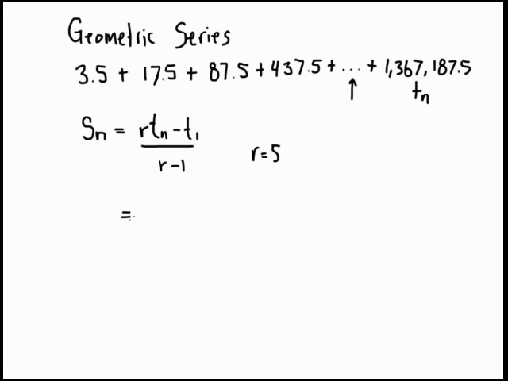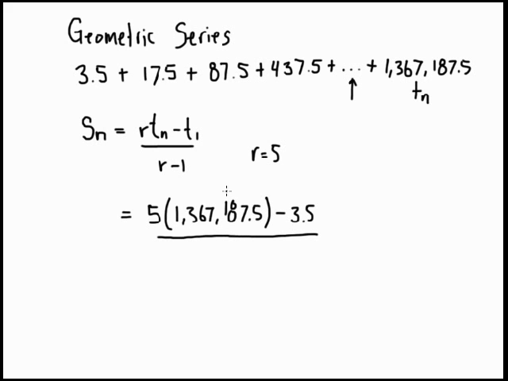So we can put numbers in there. So 5 times 1,367,187.5, minus term 1, which is 3.5, divided by 5 minus 1, since r is 5.